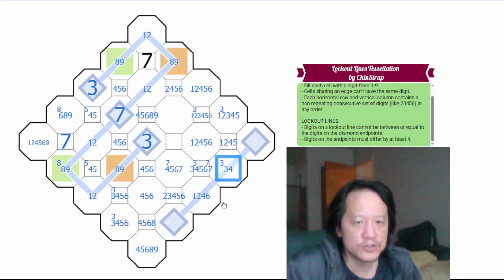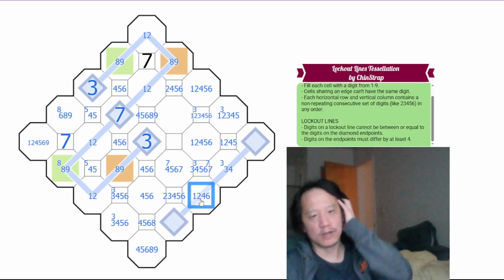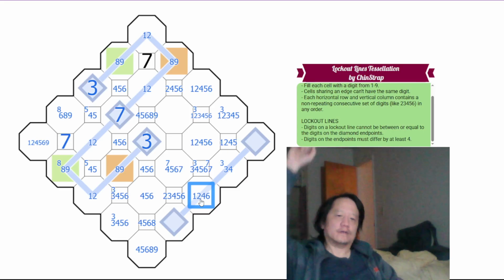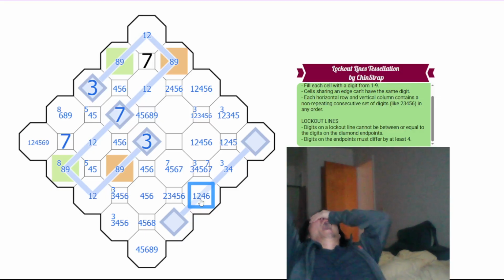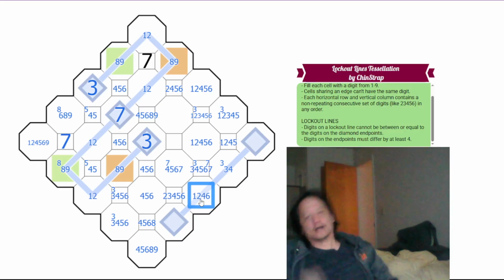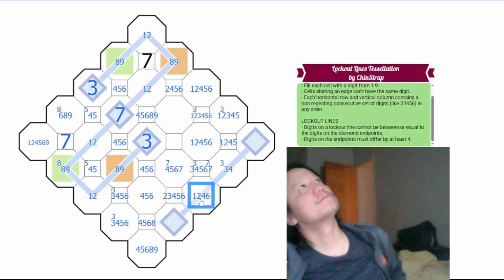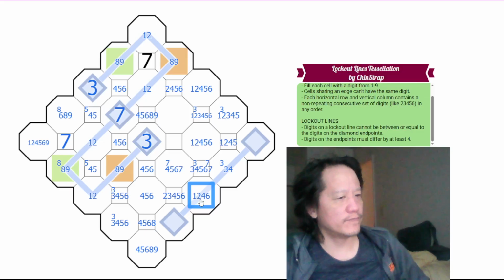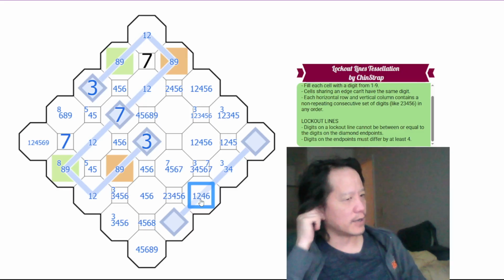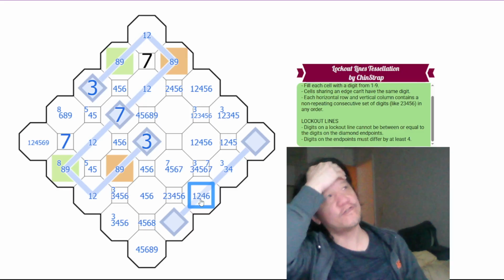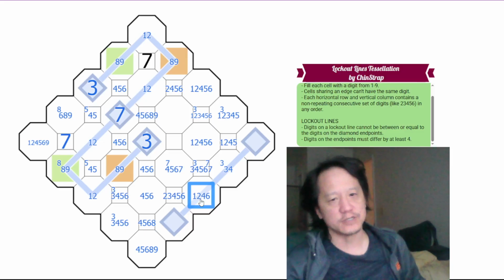I don't think you can have 3 and 6 be on the same lockout line, because 3 could only be on the lockout line between 4 and 8, 4 and 9, or 5 and 9, in all of which 6 is in between.